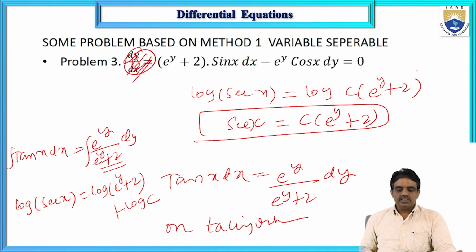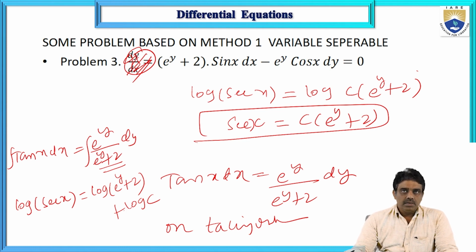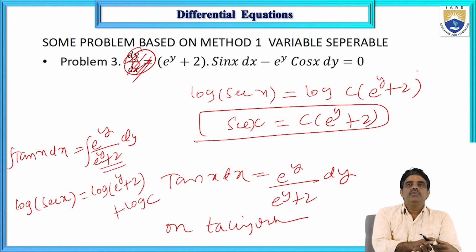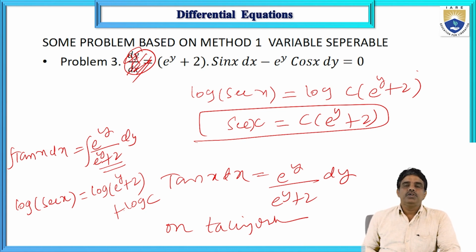So these are all the problems in which it is possible to separate the variables and then integrate easily. In some problems, it is not possible to separate the variables. In that case, we take some suitable substitution and convert the problem into variable separable form.